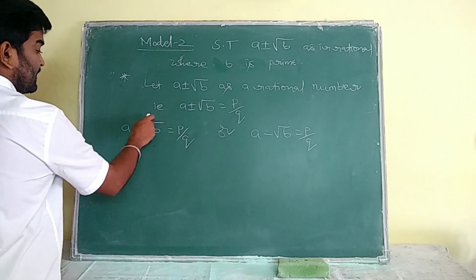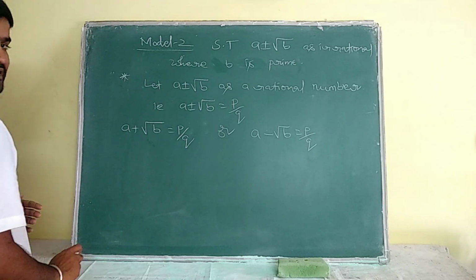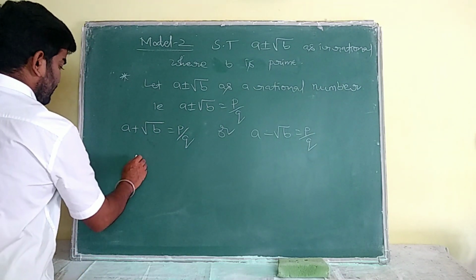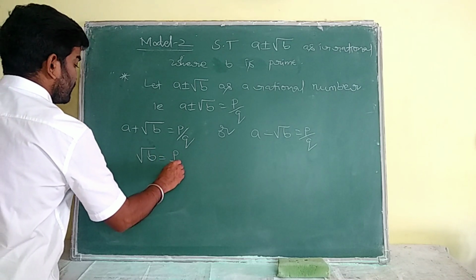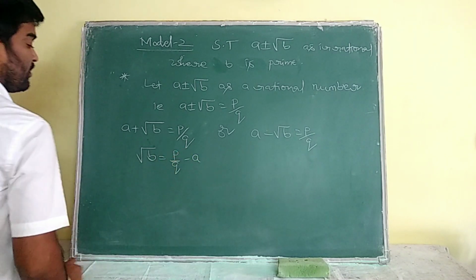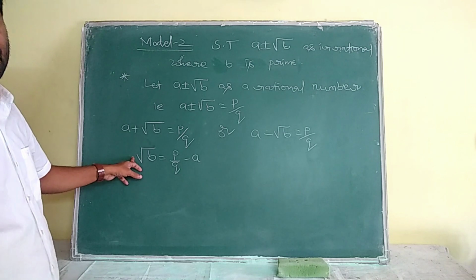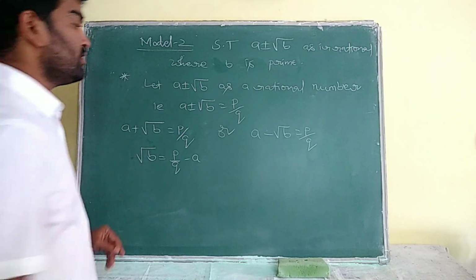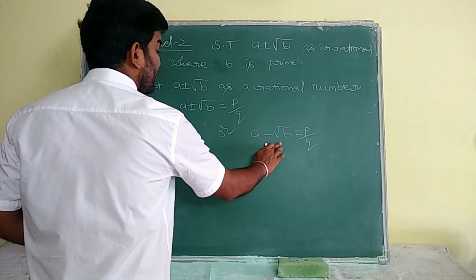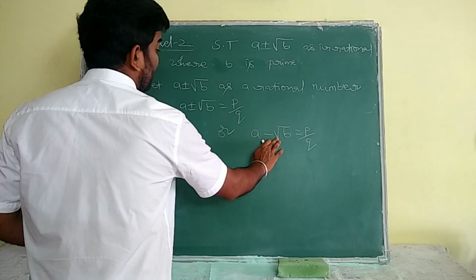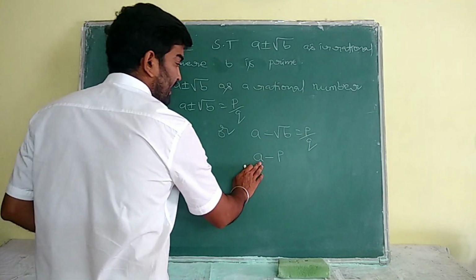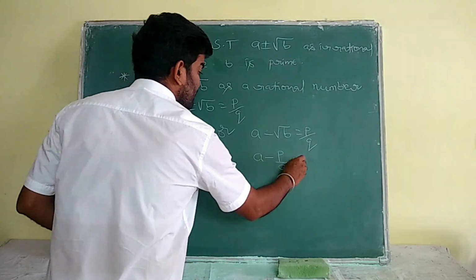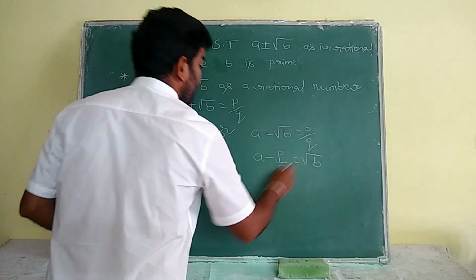Radical value means the value which is under the root. That means root b is equal to p by q minus a. Every time we have to write that radical as a positive value. So to express this radical as a positive value, I have to transfer this root b to the other side. That means a minus p by q is equal to root b.